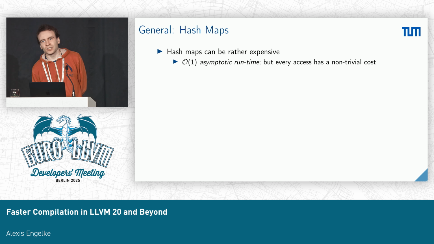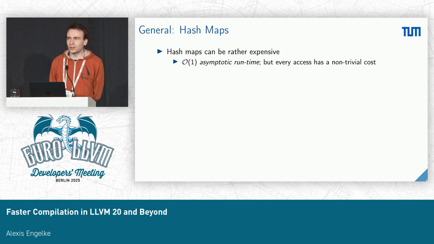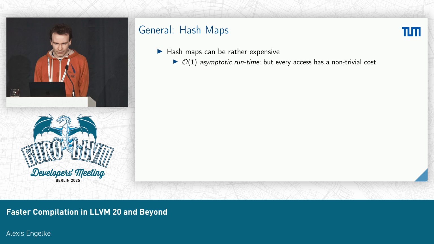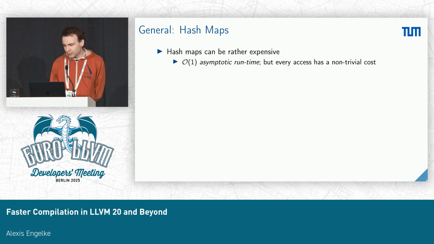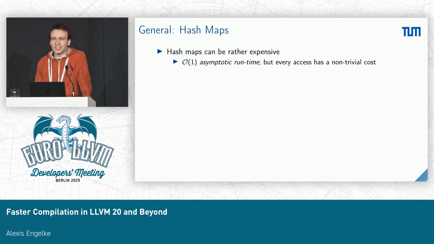So it's typically a good idea to avoid hash maps if possible. One type of hash map that occurs particularly often in LLVM are hash maps from a pointer to something else. And for this type of map, CPUs luckily have a very efficient built-in feature, which is dereferencing the pointer.